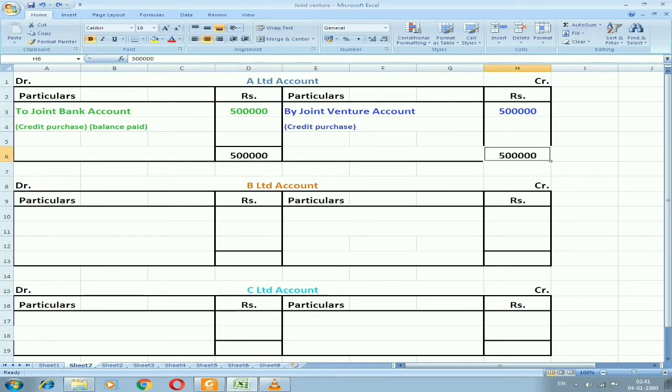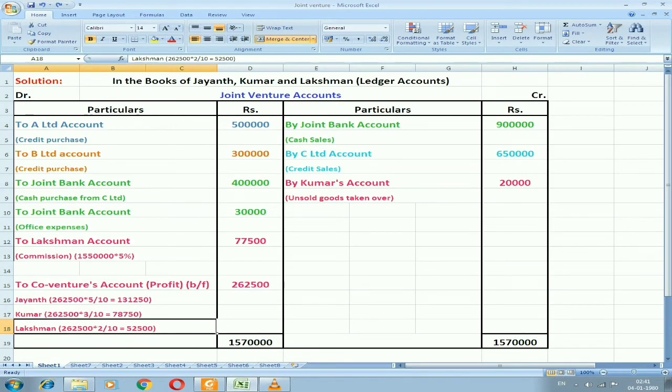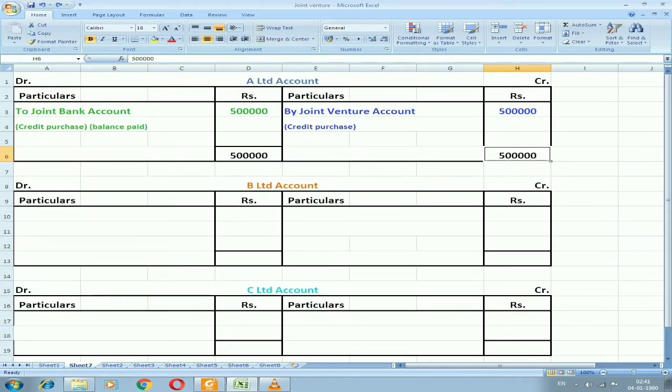So let us do the total, that is 5 lakh, 5 lakh. In the same manner we are supposed to do B Limited. Let us transfer the entry first. B Limited is also a creditor. So let us see the joint venture account. On the debit side, we have one entry, B Limited 3 lakh. Apart from that, we don't have any other B Limited entries. That is supposed to be transferred to the credit side of B Limited in the name of joint venture account: by joint venture account, credit purchase, rupees 3 lakh.